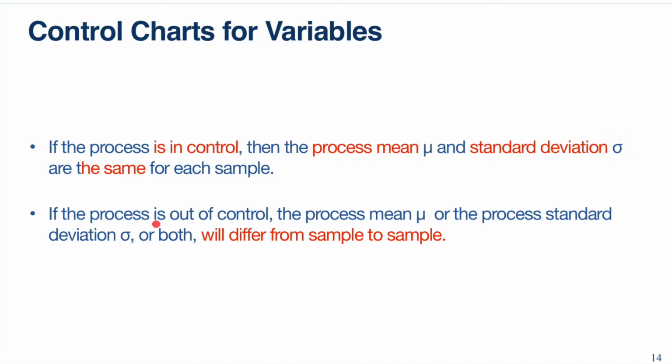If the process is out of control, the process mean or the process standard deviation sigma or both will differ from sample to sample. So we need to monitor that they remain approximately the same.